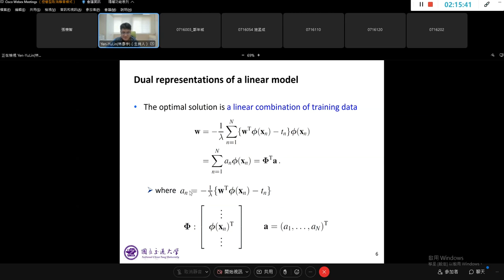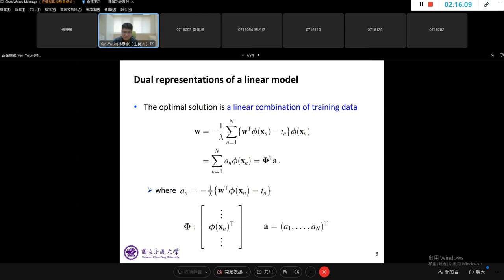It is a scalar. So from this equation to this one, what do you observe? W is a linear combination of the training data. The optimal solution of W is in the form of a linear combination of training data.